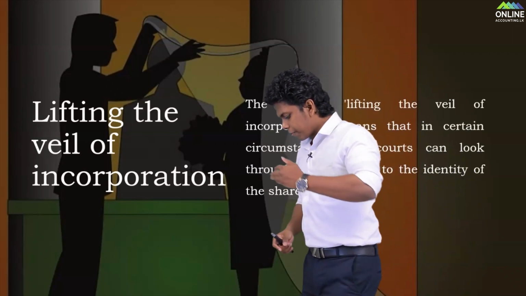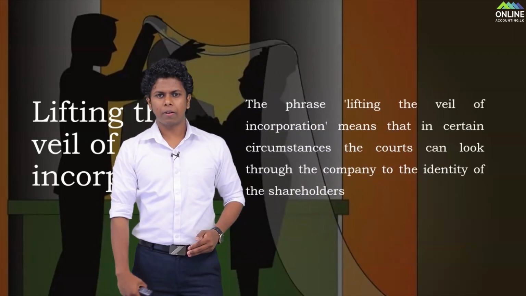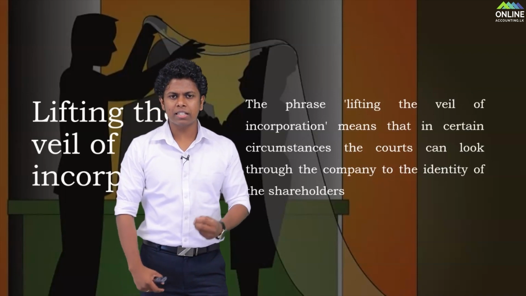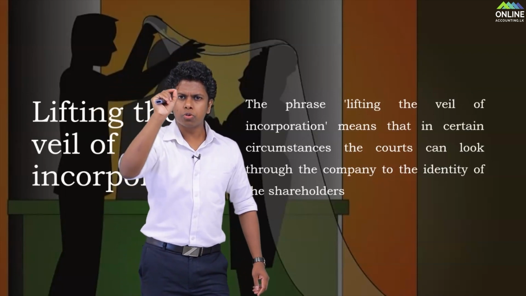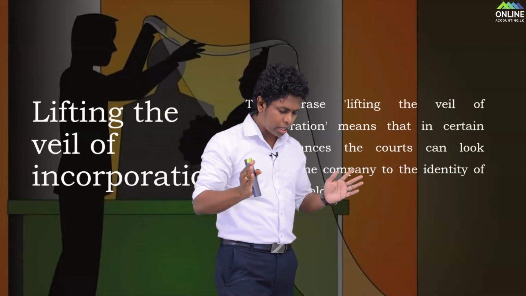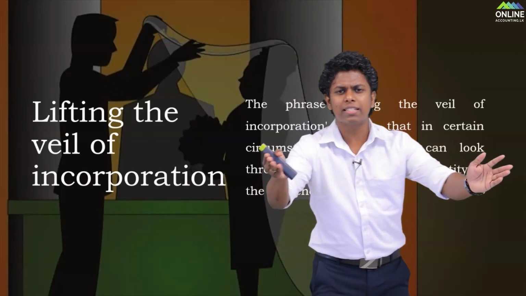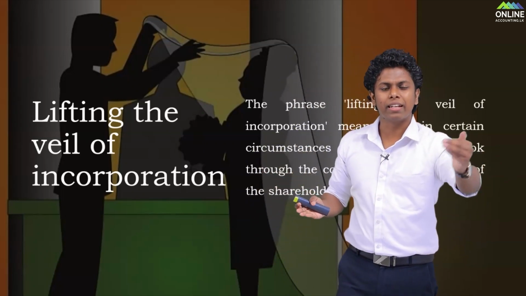Like a bride covering her face with a veil, there are certain instances where the veil is lifted to see who is behind that veil. We all know that person as a bride, we all know it as a company, but we don't know who is behind it.